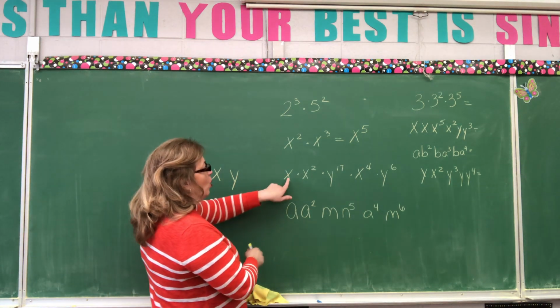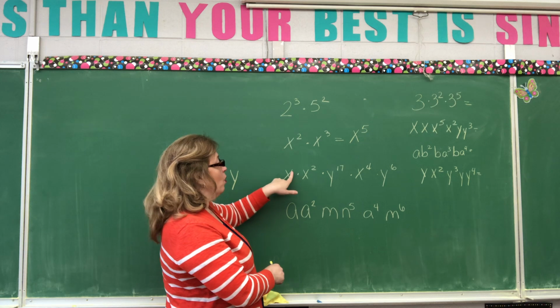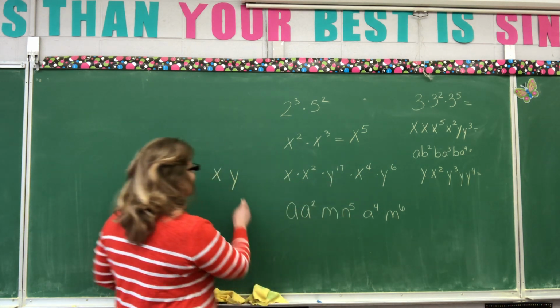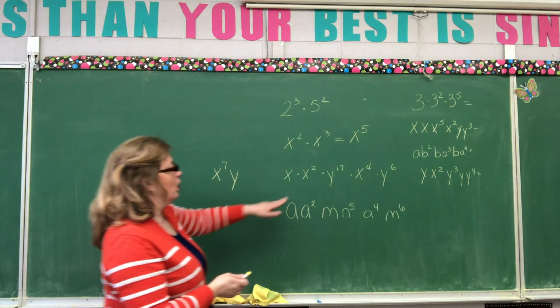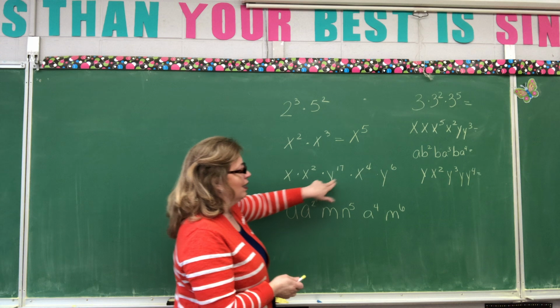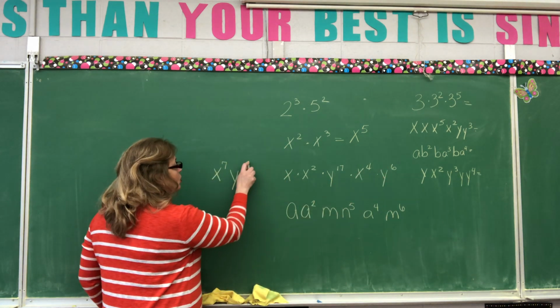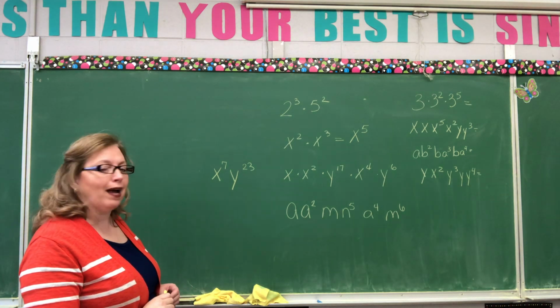Well, count them up. 1, because there's no exponent, so it's 1. 1 plus 2 is 3, plus a 4 is 7. So there are 7 X's. How many Y's? Well, there's 17, plus there's 6 more, that's 23. So to solve that, we have X to the 7th, Y to the 23rd power.